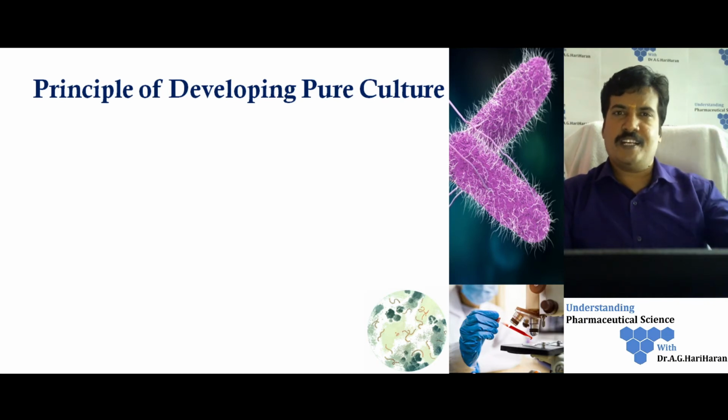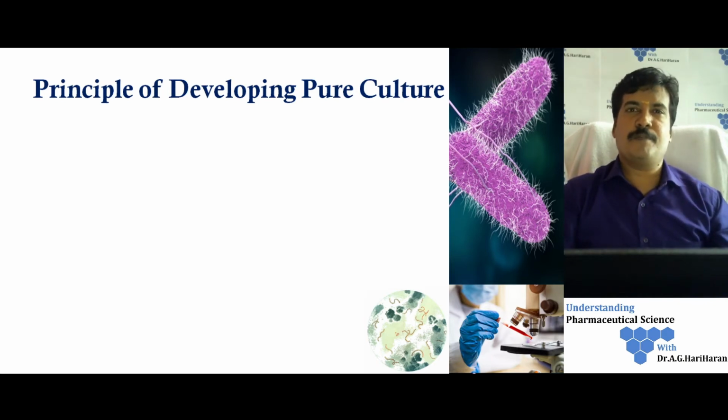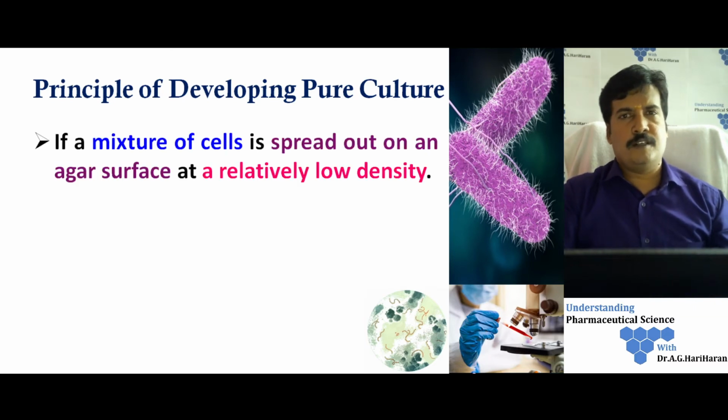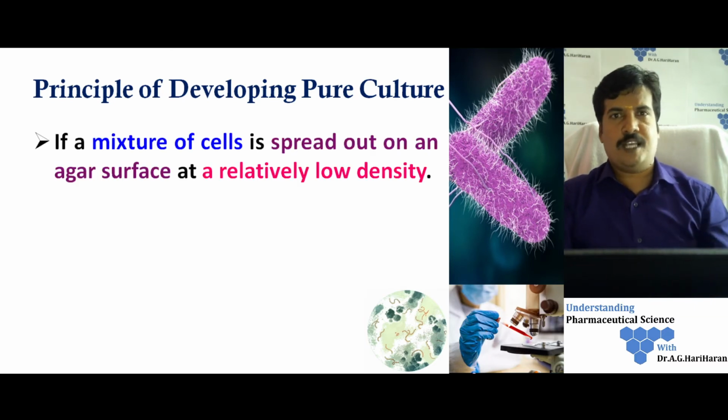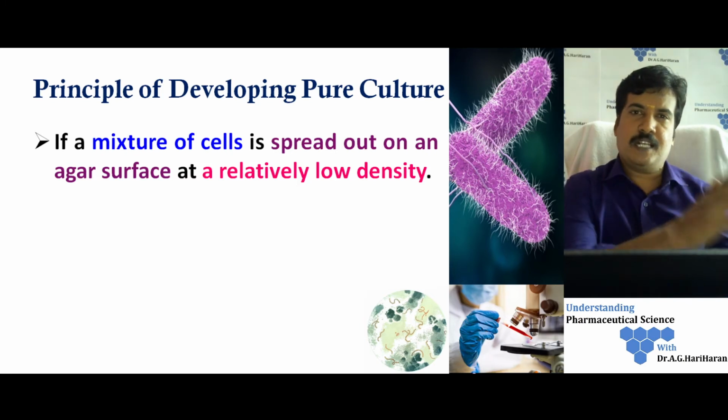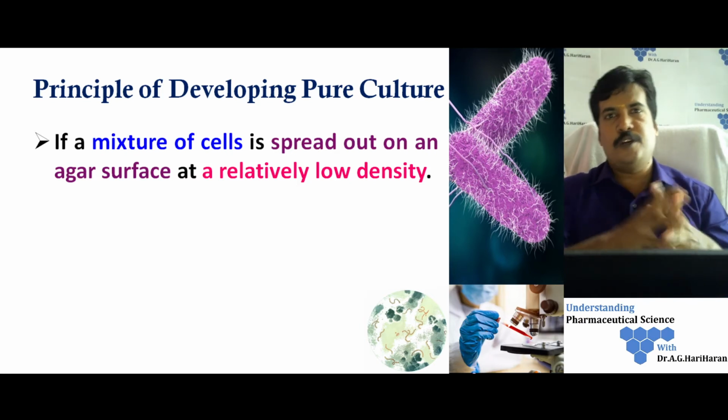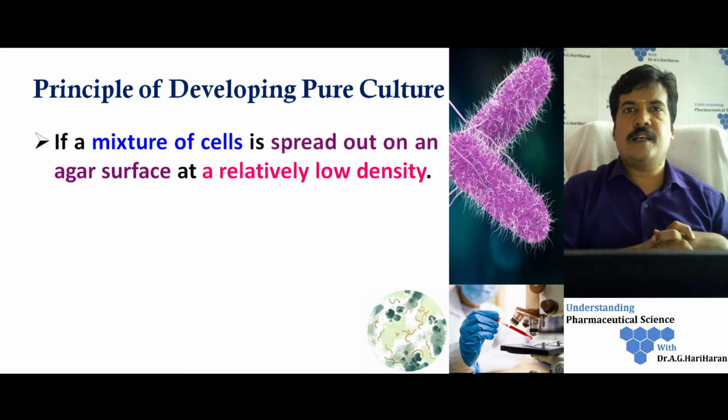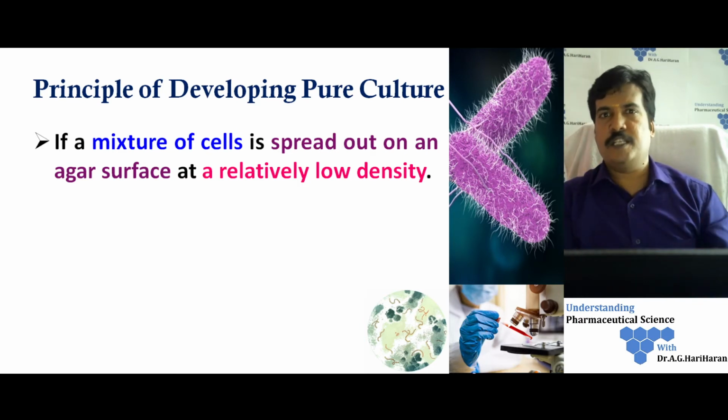So how can we get this pure culture? What is the principle behind the isolation of pure culture? The mixed culture is serially diluted until a relatively very low density of the microorganism population is produced.